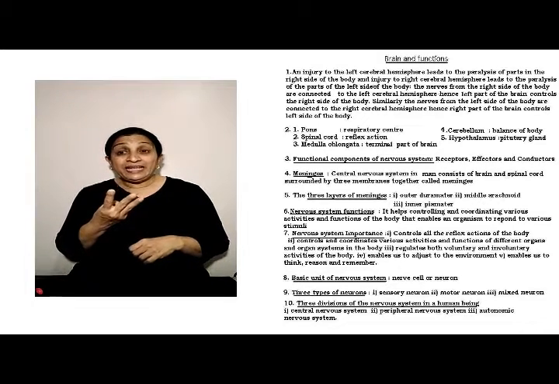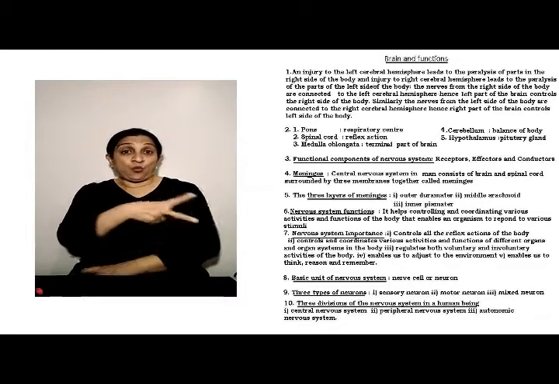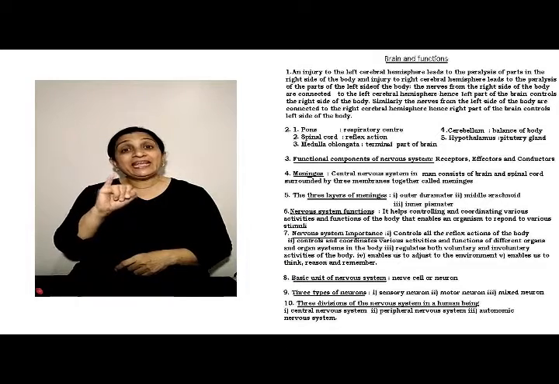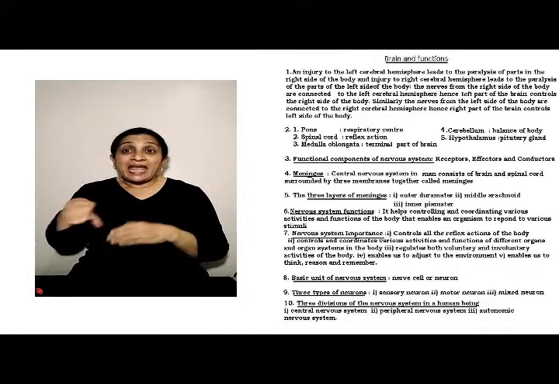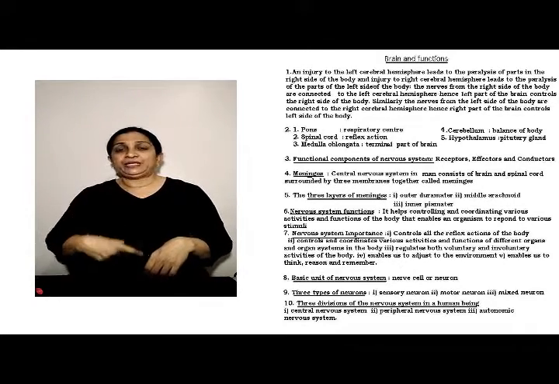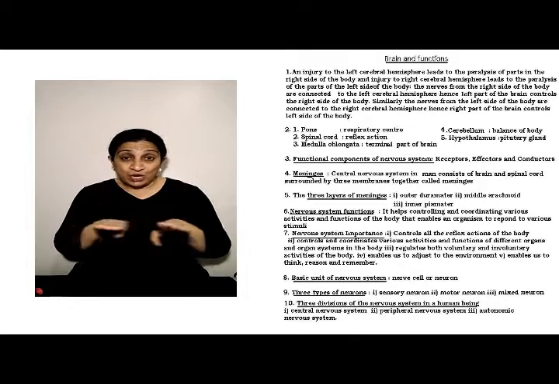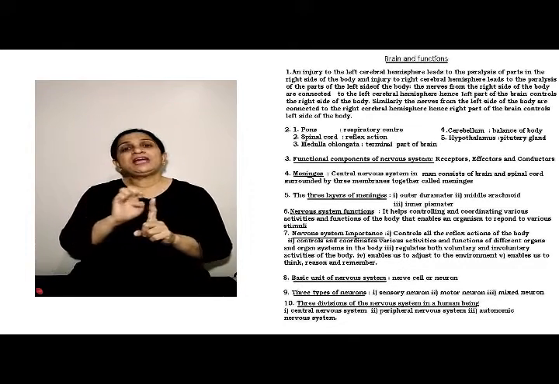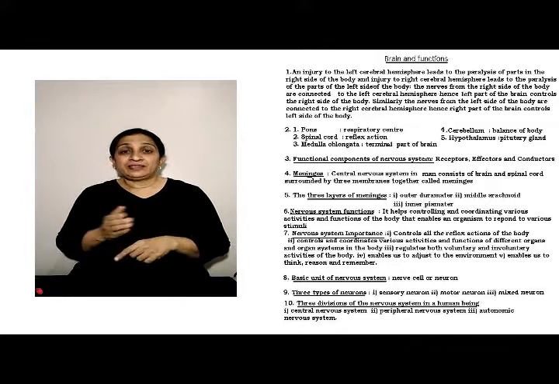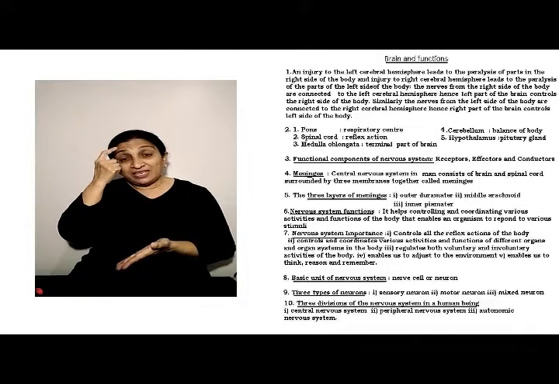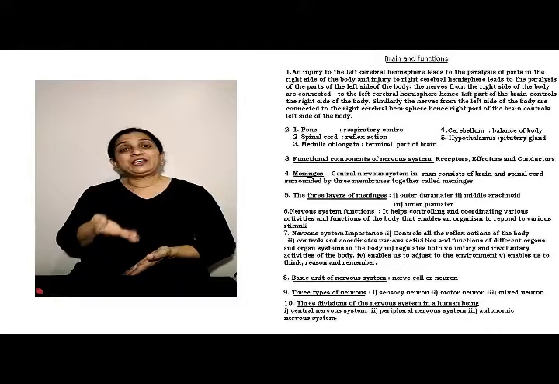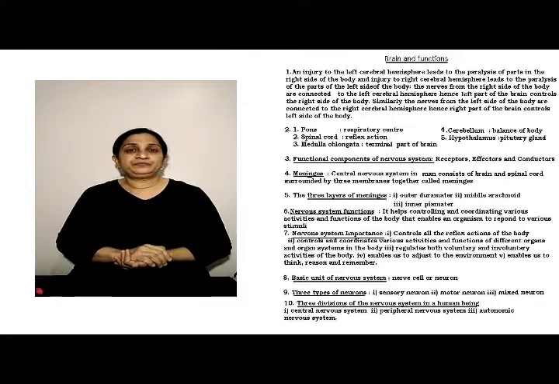Then third, it regulates voluntary and involuntary activities of the body. It helps to adjust the body to the environment. Then it helps to think, to reason and to remember.